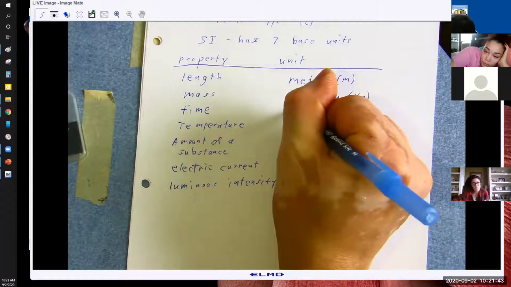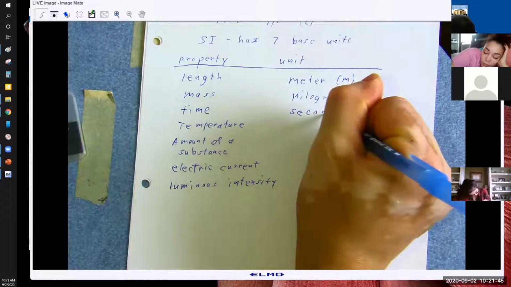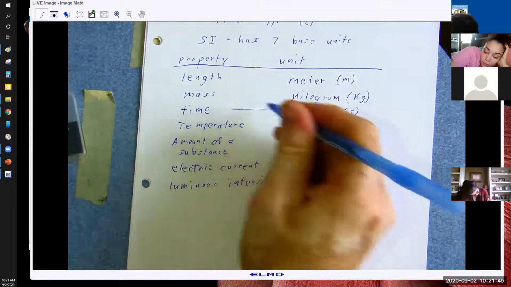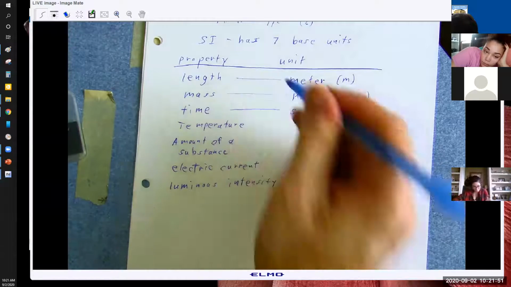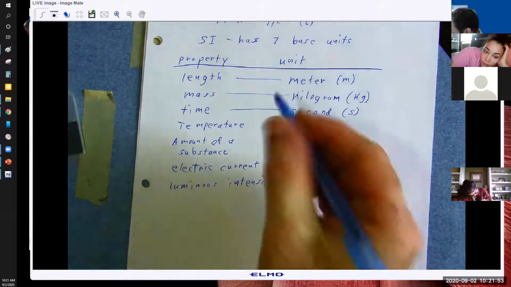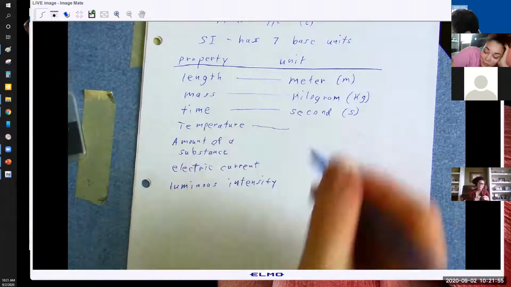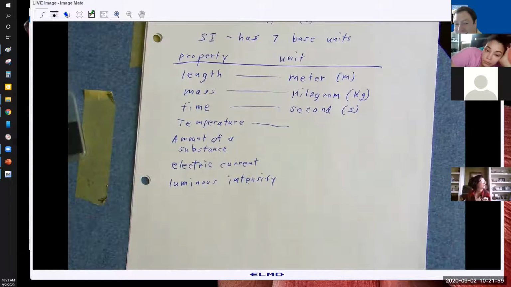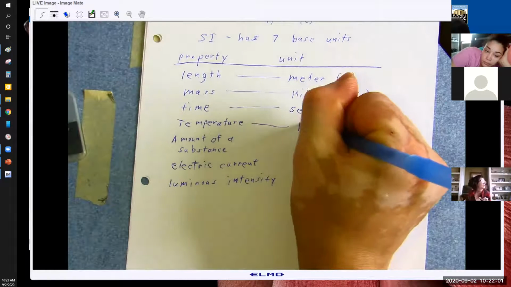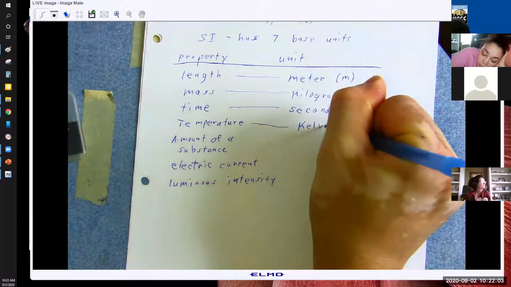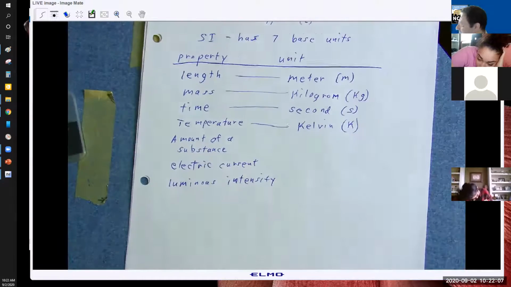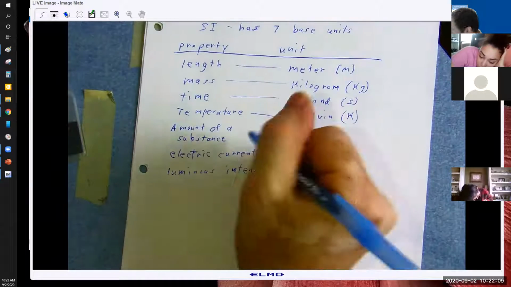Seconds. And then temperature, the units on temperature. I think for this one, a lot of people want to say Celsius, but it's not, it's Kelvin. And Kelvin is an absolute temperature scale. And we'll talk about what that means later on in the course.